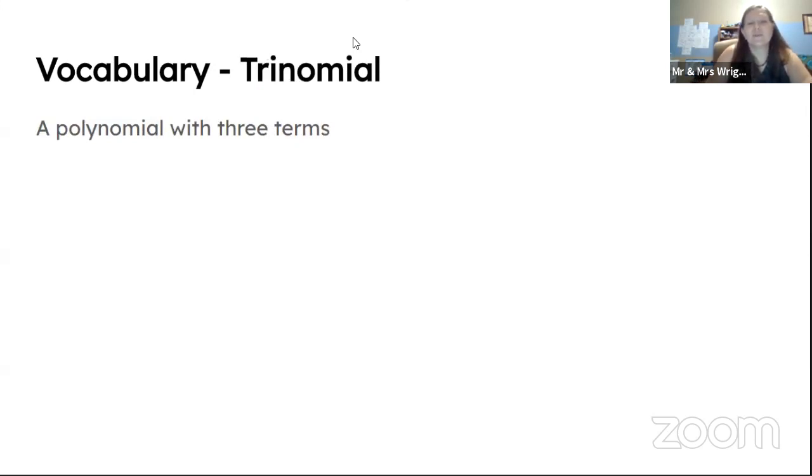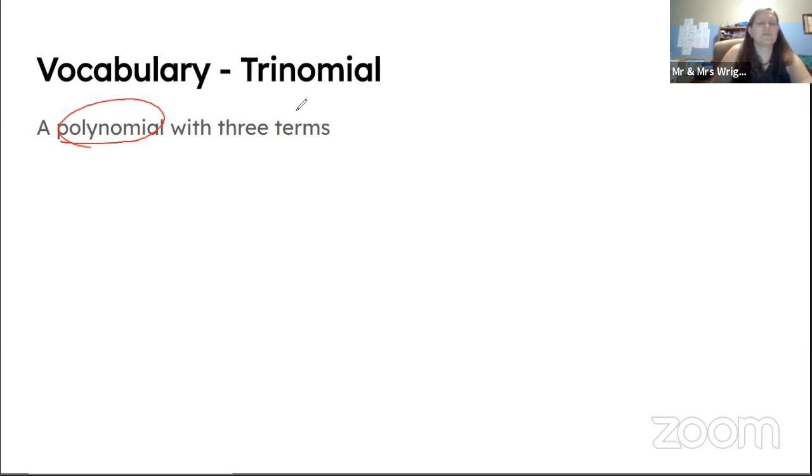But a trinomial expression is simply a polynomial. I don't think we talked about what a polynomial was. I think actually the vocabulary comes up next for polynomial. So I'll hold off on that. A trinomial is a polynomial or an expression, an algebraic expression that has three terms.